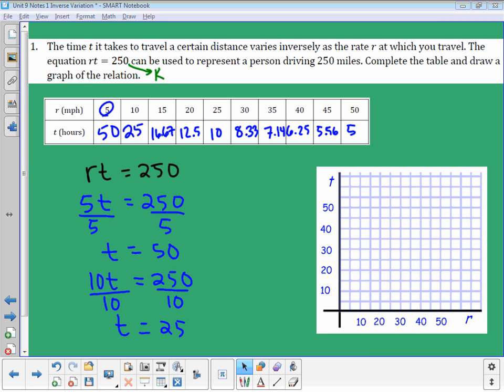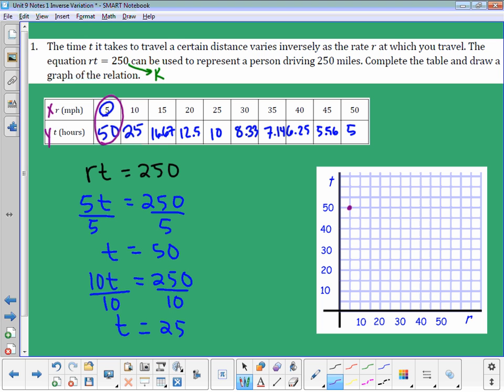Okay, so I've completed my table here. I have all of the t values, and I'm going to go ahead and graph those on my coordinate plane. So treating these as coordinates, if this is my x and that's my y, when x is 5, y is 50. So here's 5 and up to 50, right about there.